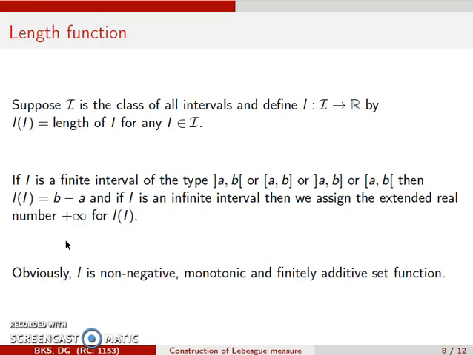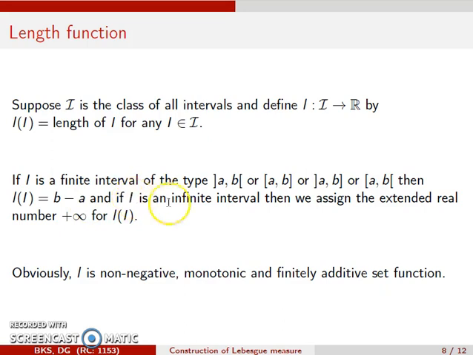Now we can talk about another set function, which is named the length function. Suppose we have the class of all intervals, named I, and we define a function L on I by L of a member I of I is equal to the length of I. So by the length of an interval what we mean is this: if I is a finite interval of any of these types with endpoints a and b, then the length of I is equal to b minus a.